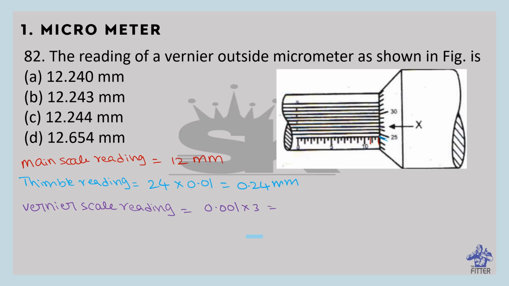So that is 0.003 mm. So the total reading is equal to 12 plus 0.24 plus 0.003, which is 12.243 mm. So here it is option B.